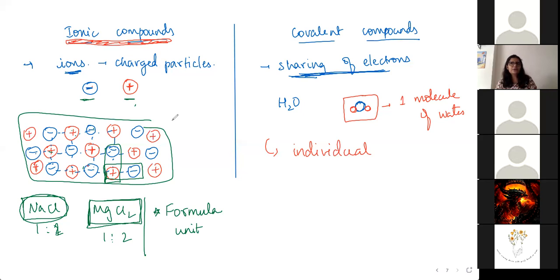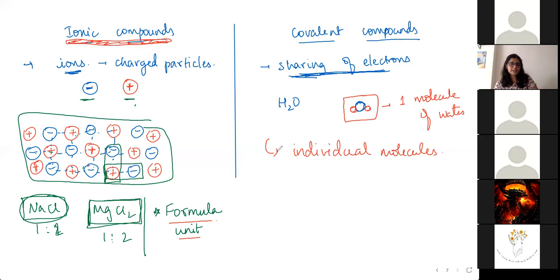So if you say a molecule of sodium chloride, it doesn't make sense because a single molecule doesn't exist. All the sodium ions and all the chloride ions are connected to each other. Isliye you call them formula units. But in the case of covalent compounds, you can find just one H2O, then a second H2O, a third H2O. They are individual molecules.